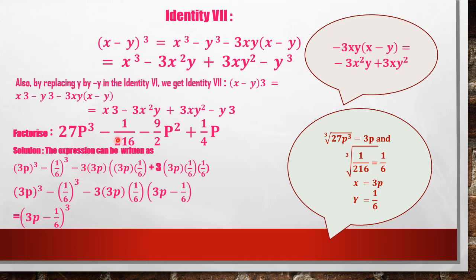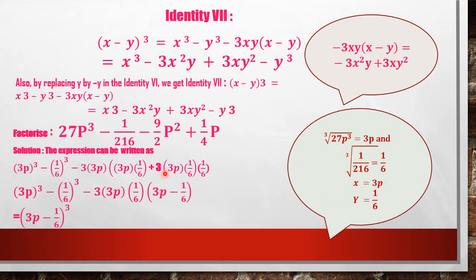3 into x will be replaced by 3p, but 3p is 2 times. So here we have taken it 2 times. Then y is replaced by 1 upon 6, then plus in the last term 3 into x. What is x? It will be replaced with 3p. And what about y?